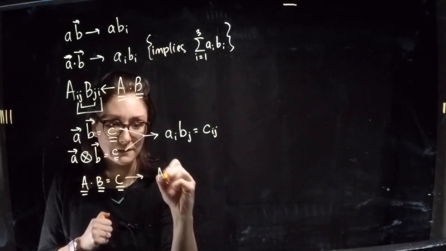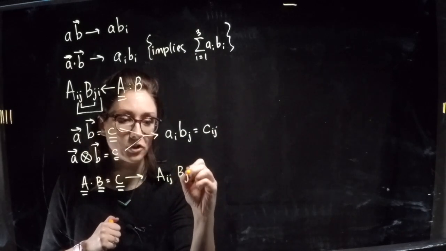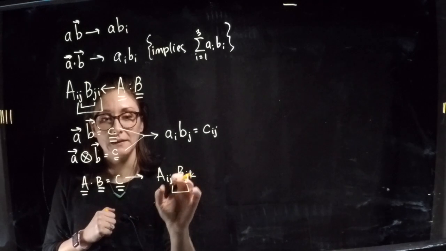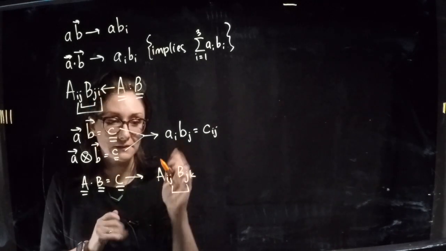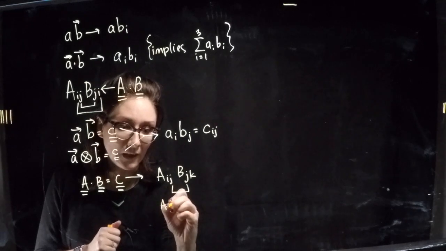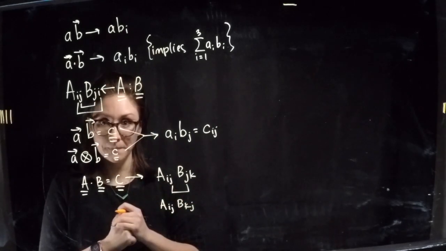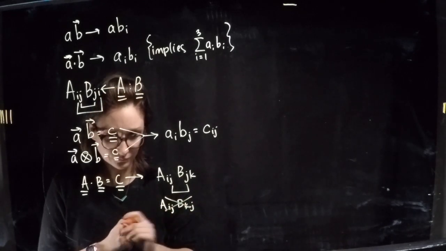And the way we'd write this is we have A_ij and then B_jk. And so you'll notice here that I'm going to repeat these indices that are right next to each other, right? This would not be the same thing as A_ij, B_kj, right? This is not the same thing.